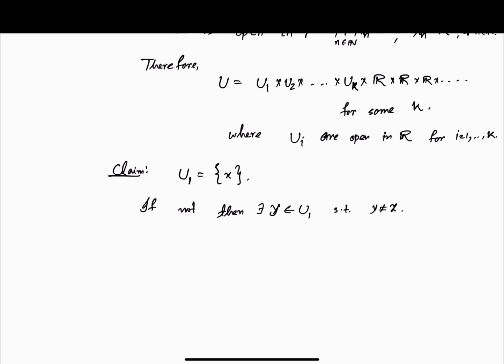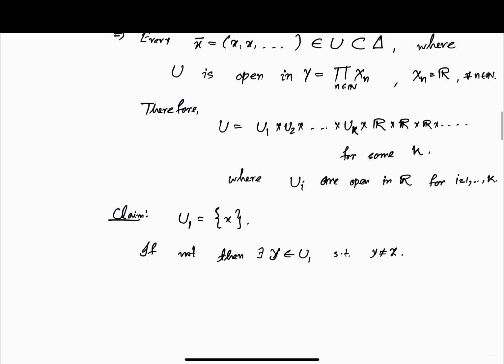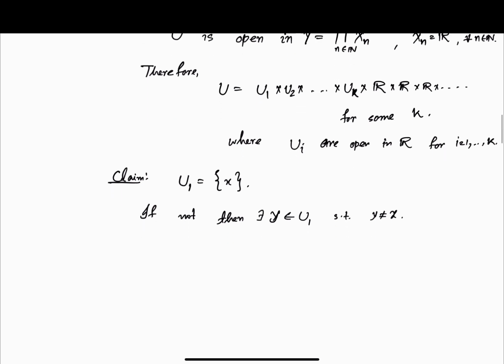Then, because U is entirely contained in Delta, take this point (y, x, x, ...), which will belong to U1 cross U2 dot dot dot Uk cross R cross dot dot dot.